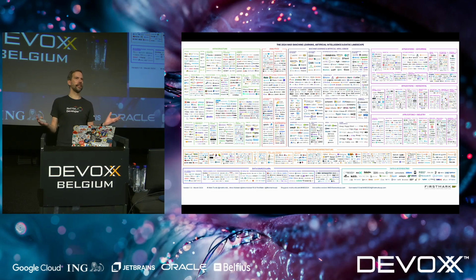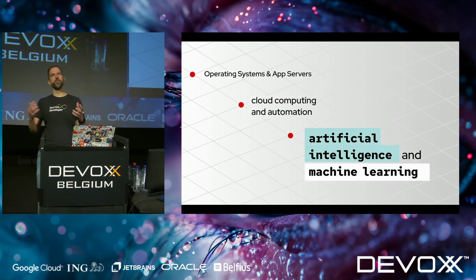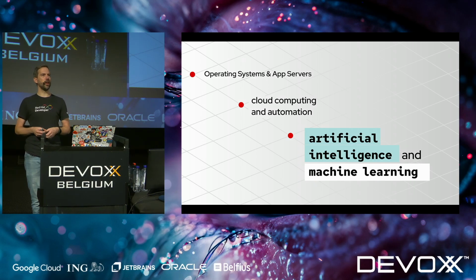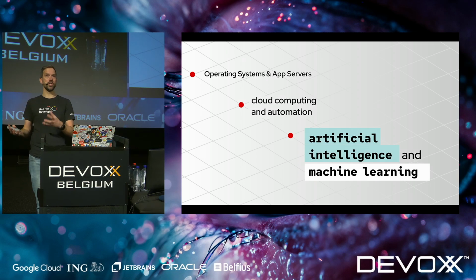So how do we get started with AI, right? Where do we go, and what is the right path to using AI? We've kind of been here before. We were in this world of operating systems a long time ago where we had proprietary systems, quite expensive, especially for serving applications in production, and application servers too.